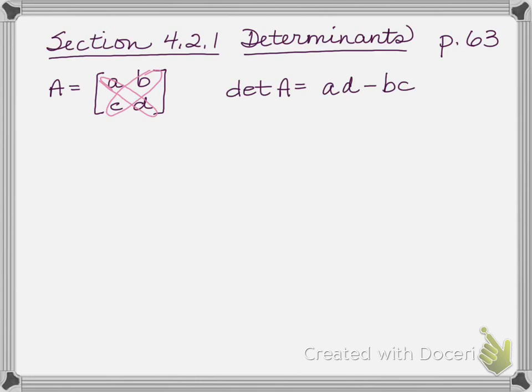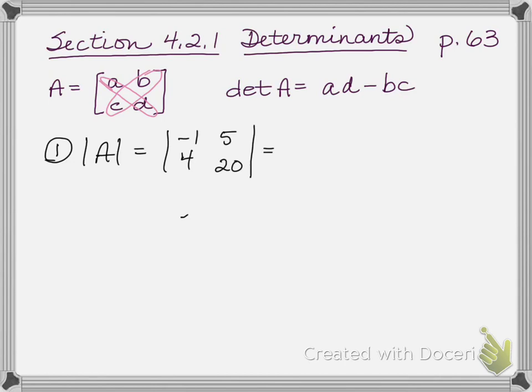Now, if you look at section 421 exercises, let us practice doing determinants. Let's start with number 1. The matrix for number 1 was -1, 4, 5, and 20, because they were asking us for matrix A. So matrix A is going to be -1, 4, 5, and 20.